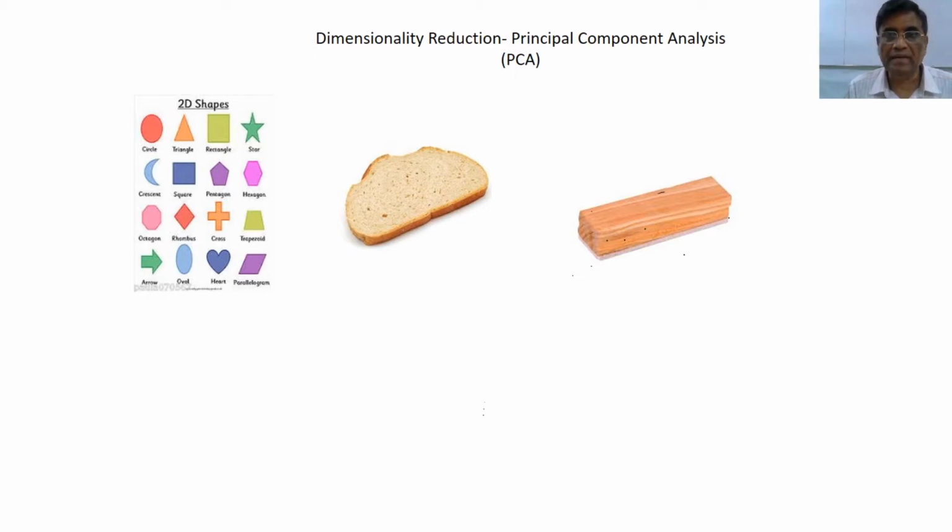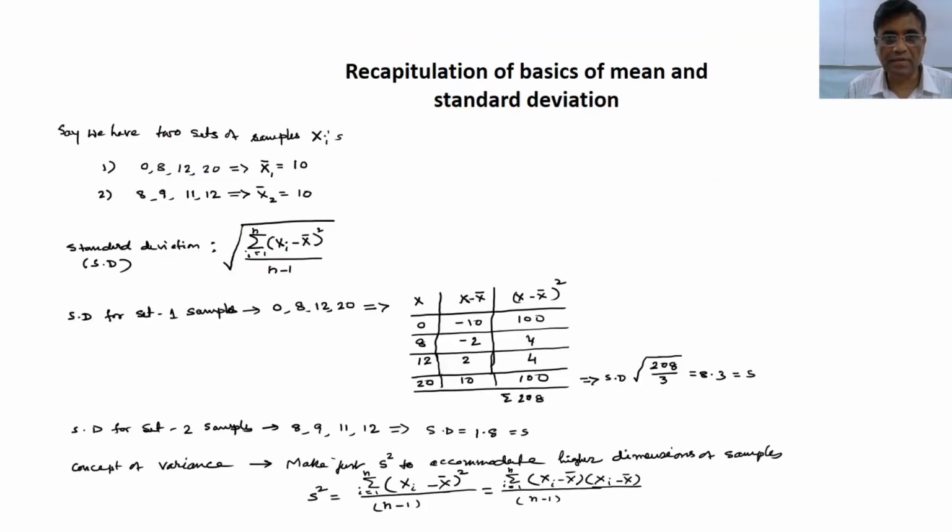But before that, I would like to just recap or brush up your statistics basics, which I know you already know. So, the fundamental objective of statistics, as you know, is what?